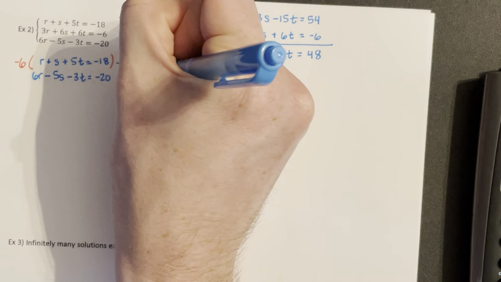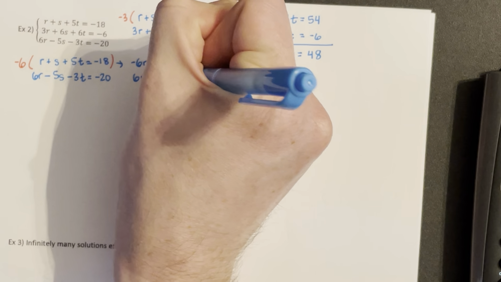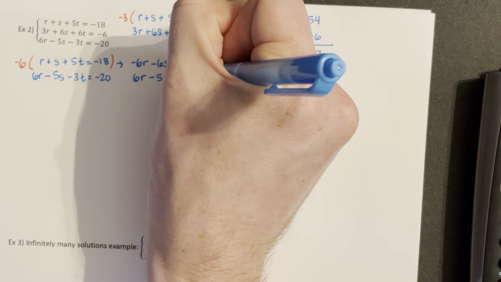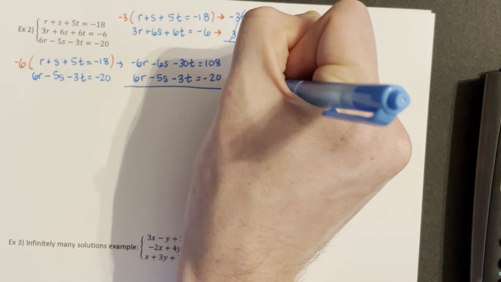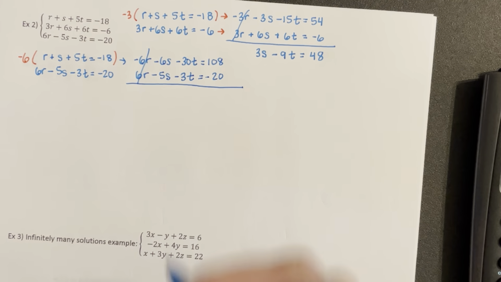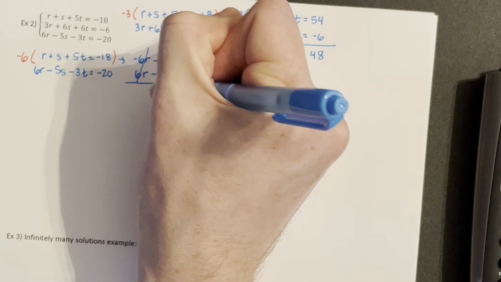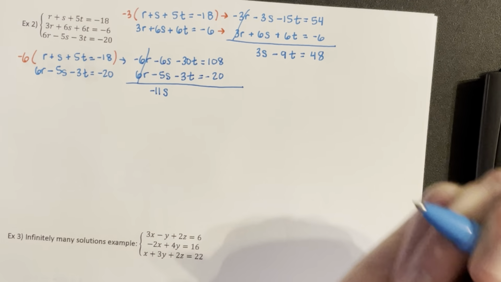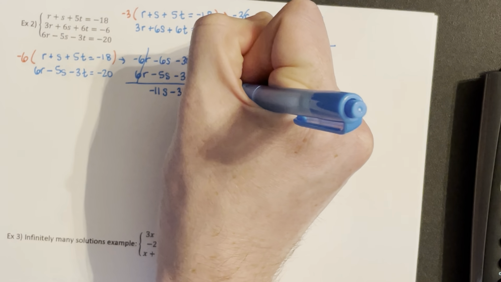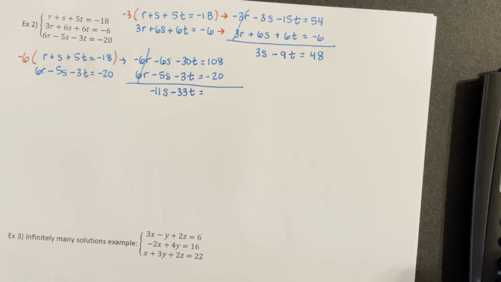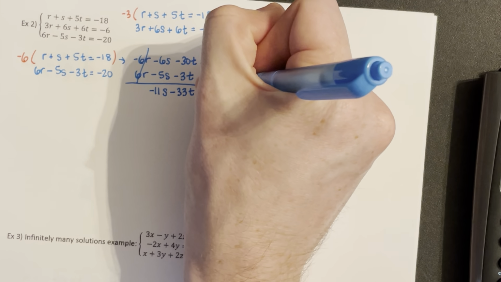The bottom is 6r minus 5s minus 3t equals negative 20. We add straight down, the r's are what cancel out. So that gives me negative 11s, negative 30 and negative 3 is negative 33t. And 108 minus 20 is going to be 88.